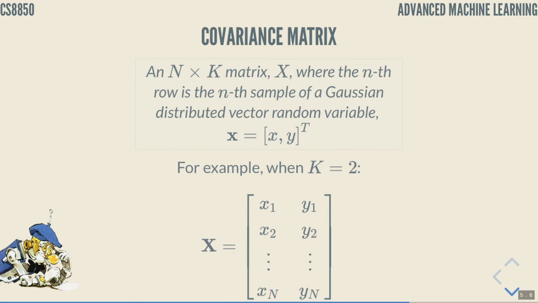So, covariance matrix. Consider an n by k matrix X, where the nth row is the nth sample of a Gaussian distributed random variable. Each row is a sample from a two-dimensional Gaussian.